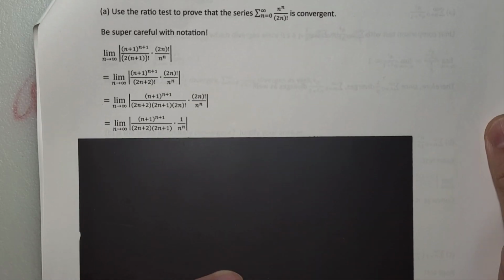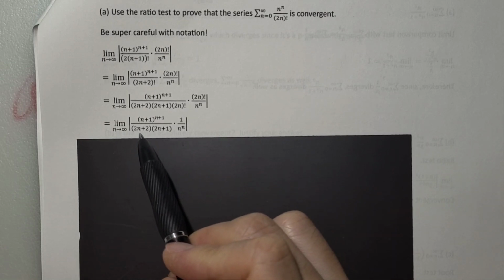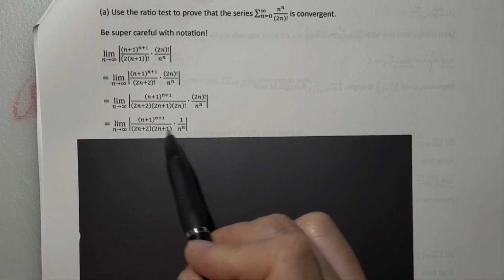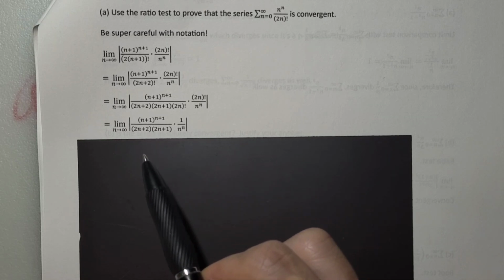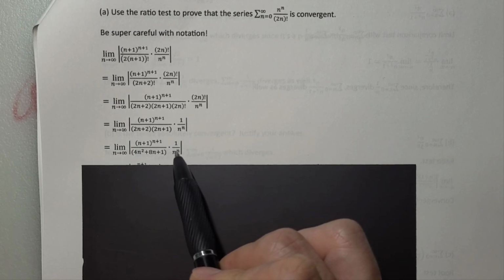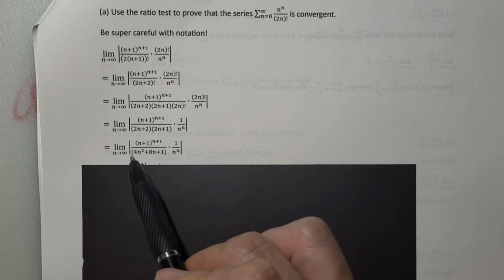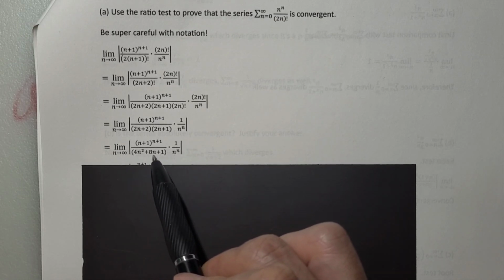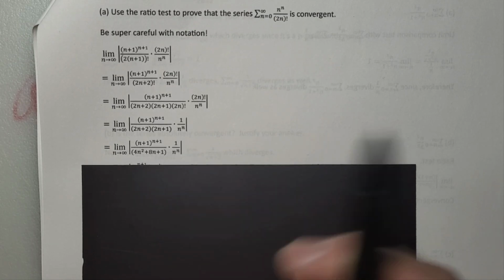Okay, now what do we do from here? How do we evaluate this limit? Well, if we somehow combine these. Okay, so I combine these two first. So I'm thinking, if I combine this with these, by distributing, then we can do the degree test.